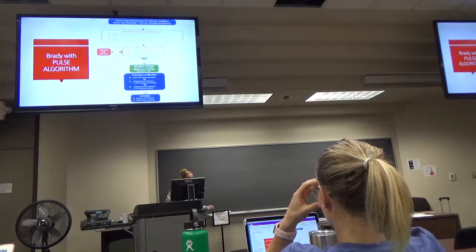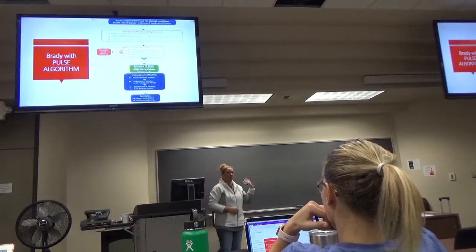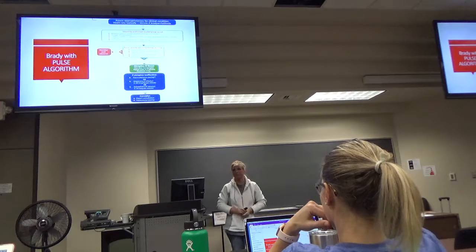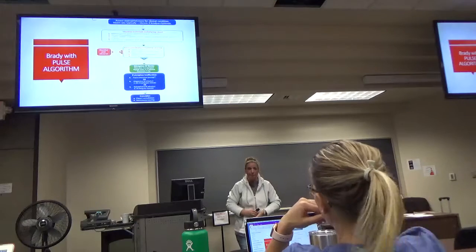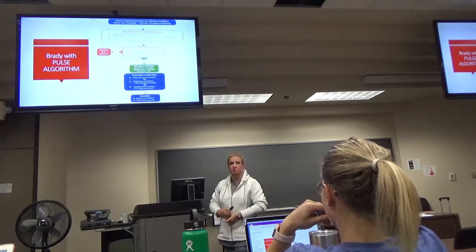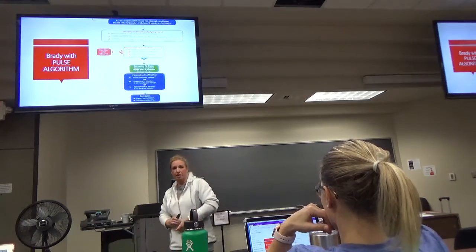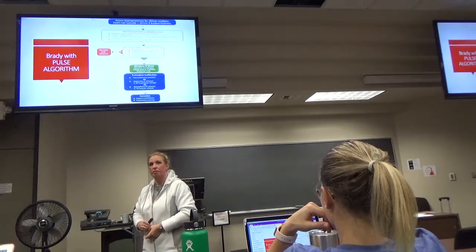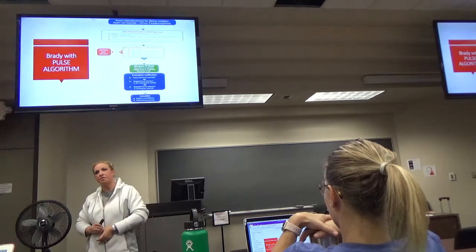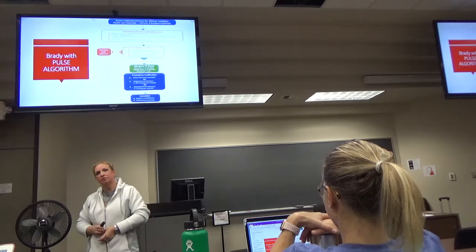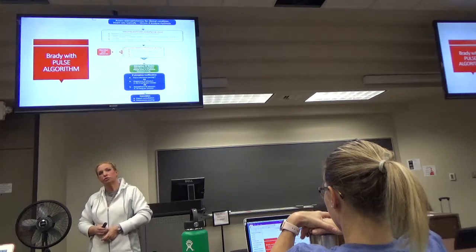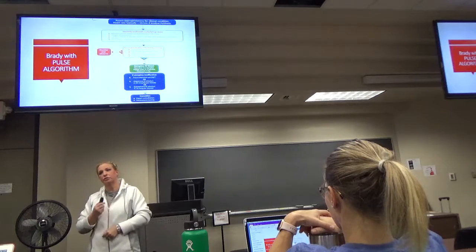So see how that helps, so that you can think of all the possible reasons why they've got an altered mental status. What's the most common cause of an altered mental status? Yes, and in the ER though, glucose. Make sure you're checking your glucose, low glucose.